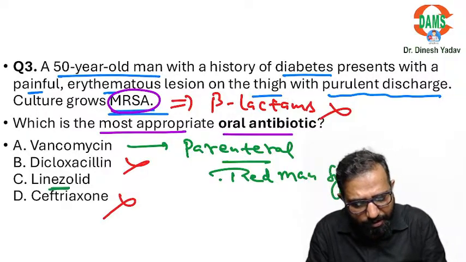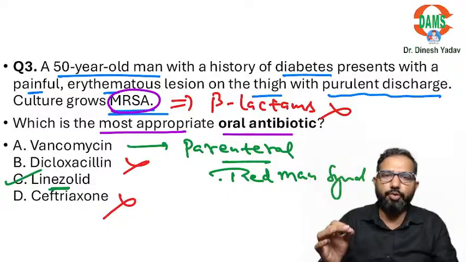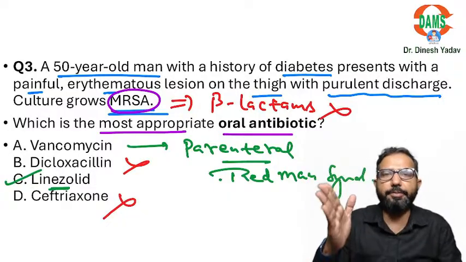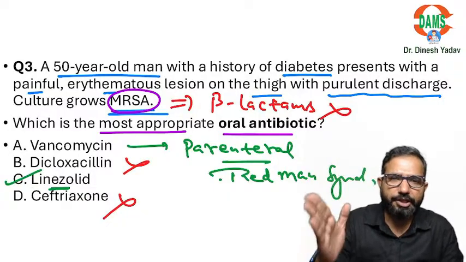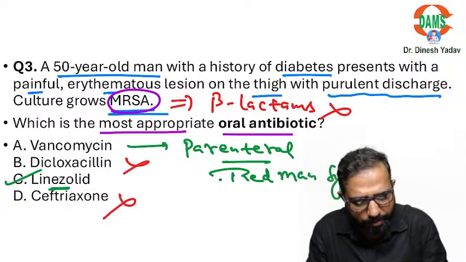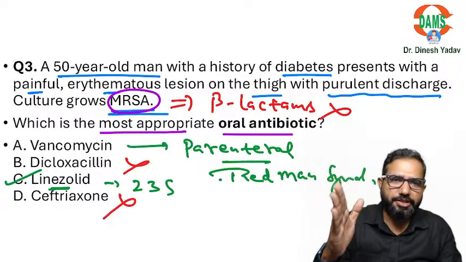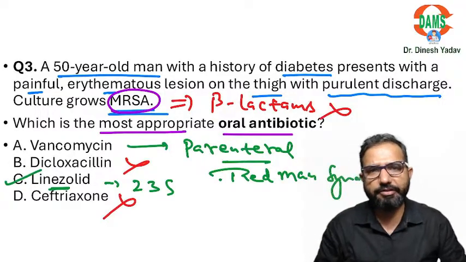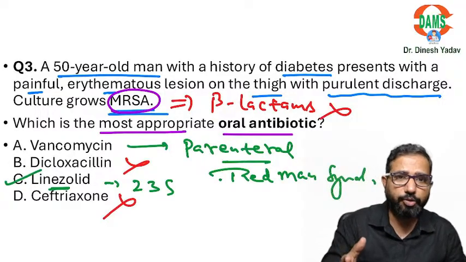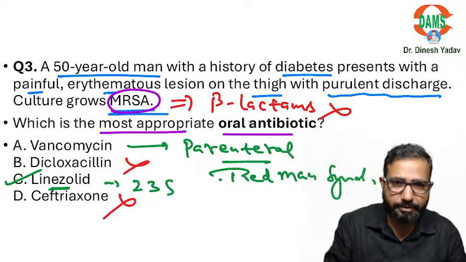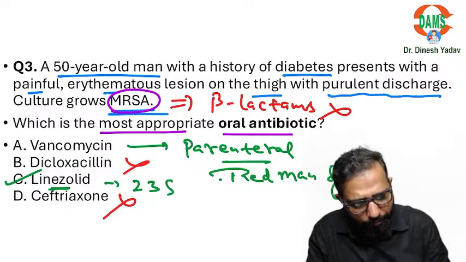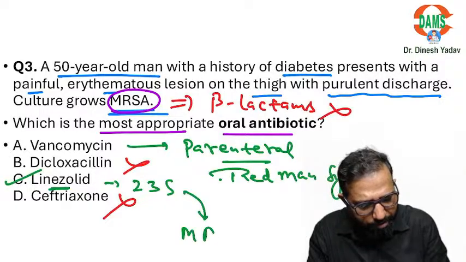Linezolid is a wonderful drug which is inhibiting protein synthesis. Linezolid inhibits the initiation process. It is binding to 23S of the ribosome. It is inhibiting protein synthesis. It's a wonderful drug for MRSA, VRSA, as well as vancomycin resistant enterococci. And don't forget, it's a MAO inhibitor.